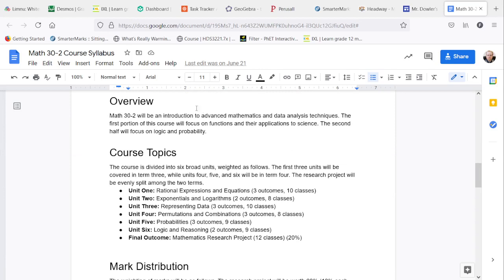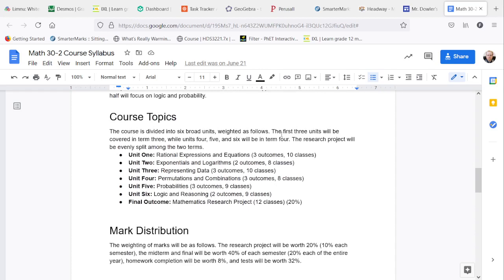Now, Math 30-2 is going to be taking another step towards advanced mathematics and some advanced data analysis techniques, particularly regression, which we will be using more of in grade 12 in our physics courses. It's divided into 6 broad units.